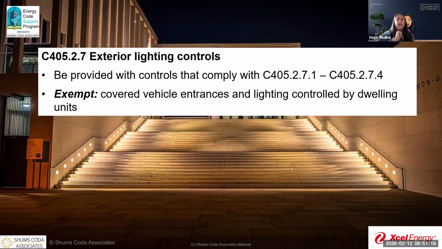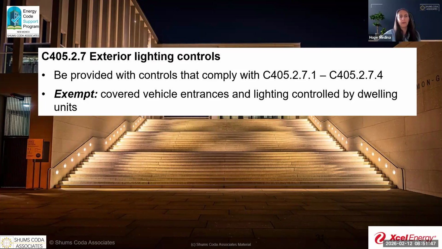All right, exterior lighting. So you're going to have to comply with C405.2.7.1 through 4. There are some exemptions to this, one being covered vehicle entrances and lighting that's controlled by dwelling units. And that's because if you think about it, you're in an apartment, you need to be able to control when you're going out onto your patio that you want the lighting on.